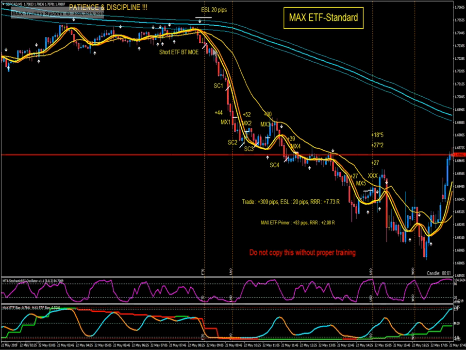This represents another type of entry setup at the very beginning of a new trend. And along the trend, we have our MX which represents a partial exit. So whenever we make an MX, we close one unit. But in the meantime, you can recognize on the chart in some places here SC1, SC2, SC3, SC4, we have scale-ins.